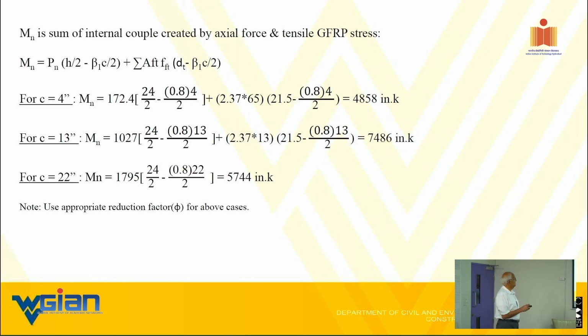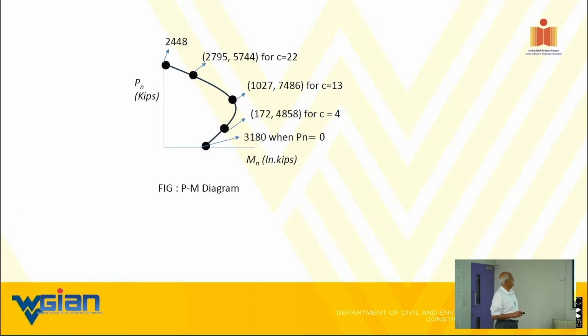For 13 C, 7486, 2257. I'll explain that tomorrow. When I plot it, that's what I get, which is very similar to the idealized PM diagram that I showed as the very first or second slide of this example.